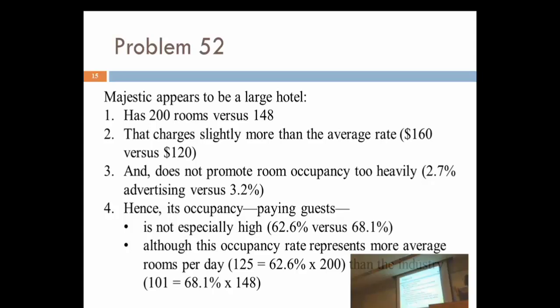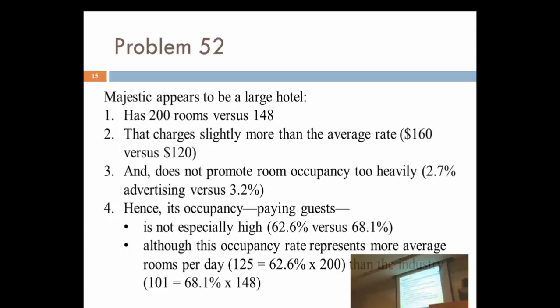So I pointed out 200 rooms versus 148. So they're somewhat larger than the industry that they're being compared to. Their charges are slightly more than the average rate, 160 versus 120. So, are they overcharging for the market? Are they providing services that their competitors are not providing?